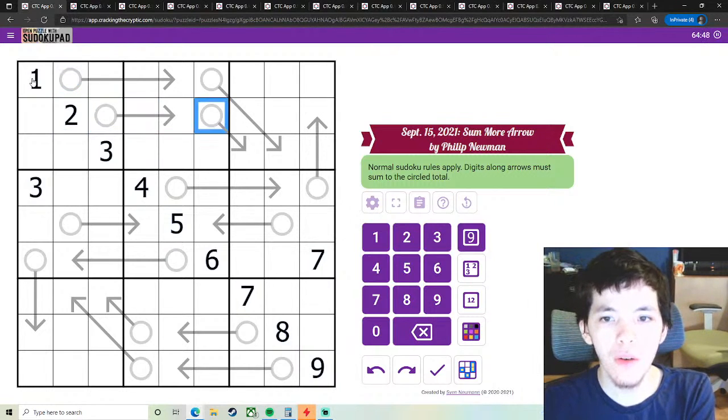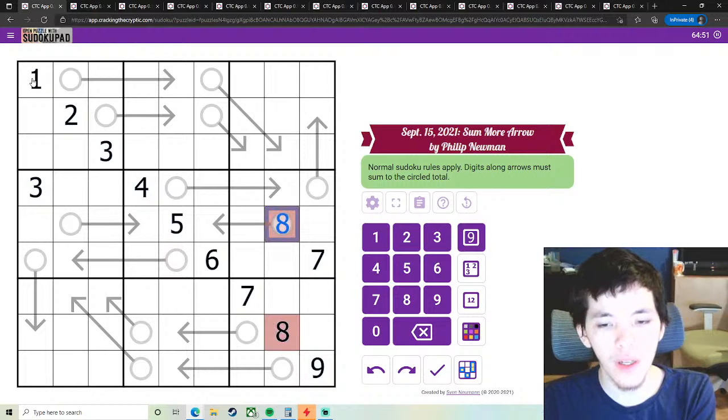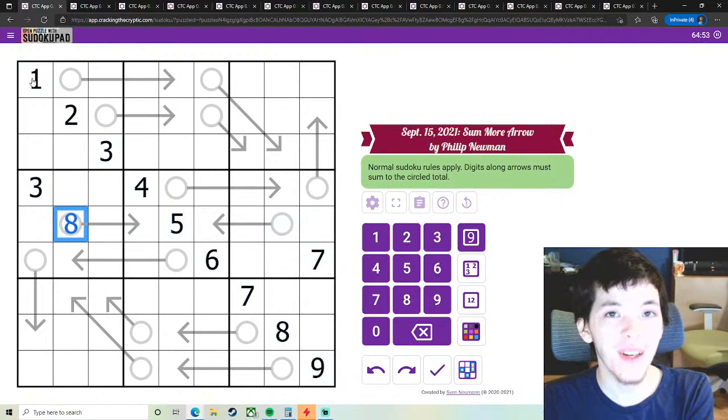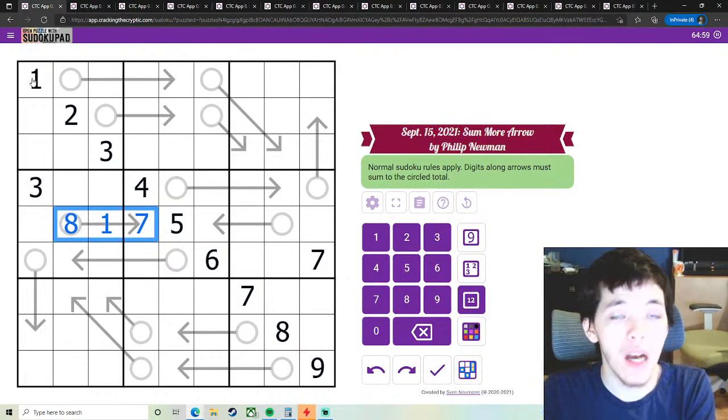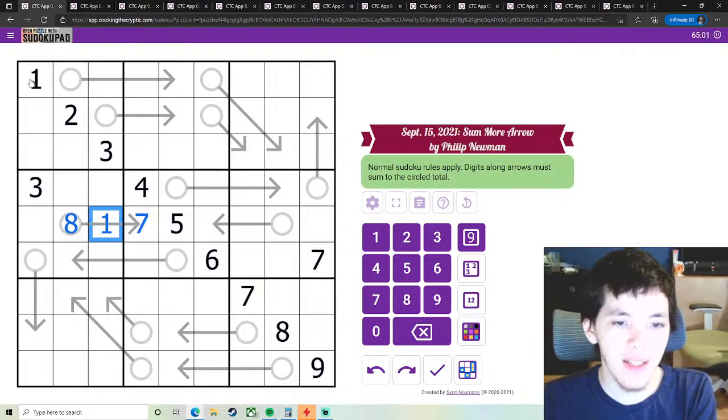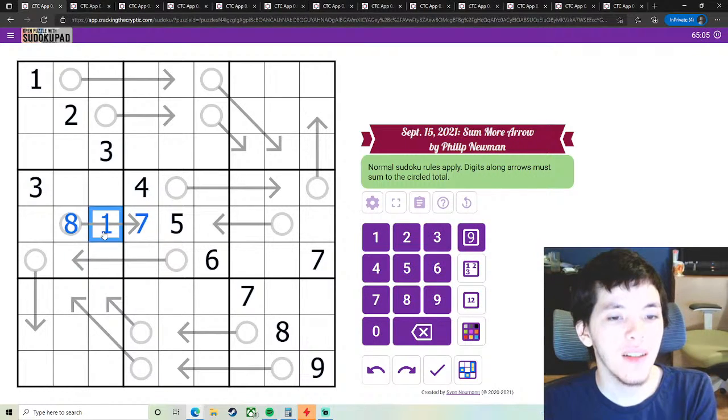I'll go over an example here. If I put a 1 and a 7, this is a valid possibility because 1 plus 7 equals 8. If I put a 2 and a 7, this is incorrect because 2 plus 7 equals 9.